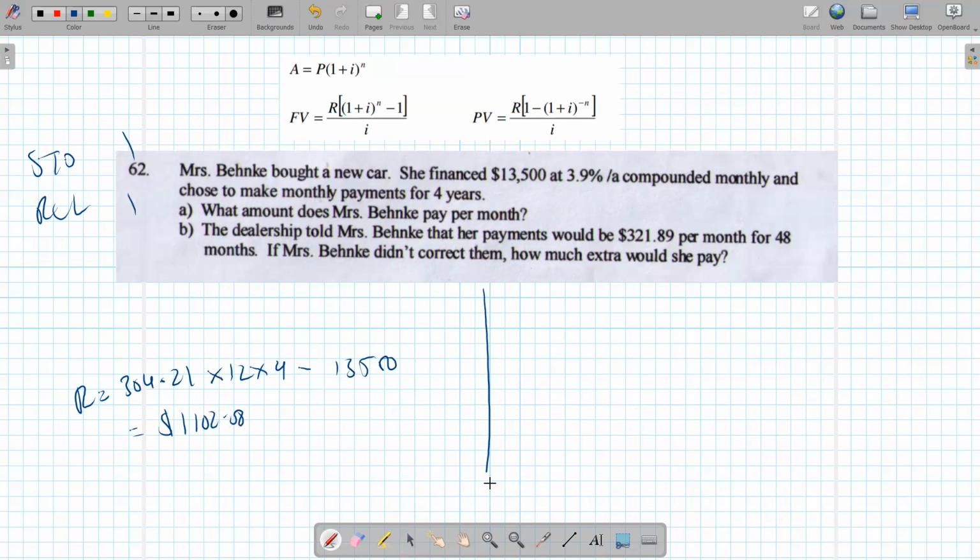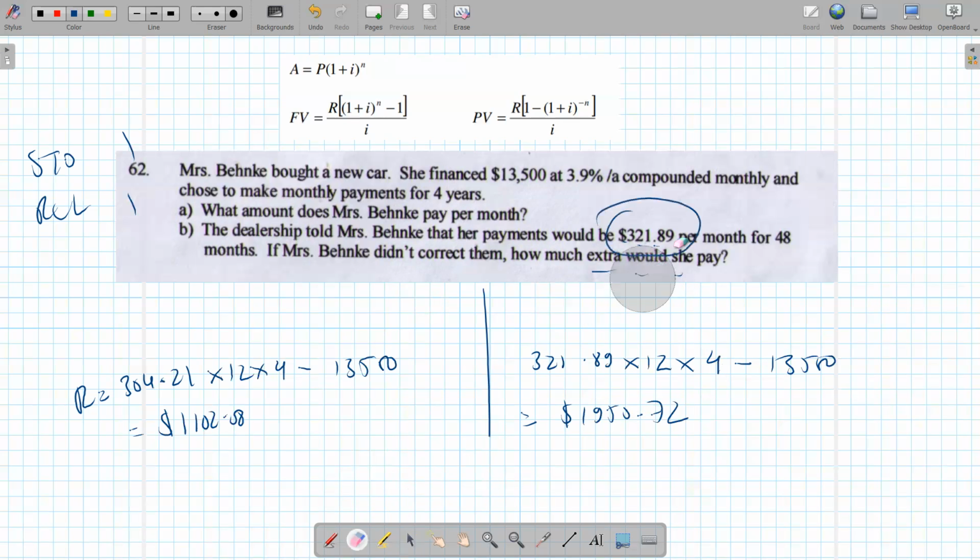If it was this, which is part B, she would pay this every month for 4 years, and then we can find how much interest she actually paid with that plan. 0.89 times 12 times 4 minus 13,500. So she would have paid 1950.72, yeah? So can you tell me how much extra would she have paid if she believed them?